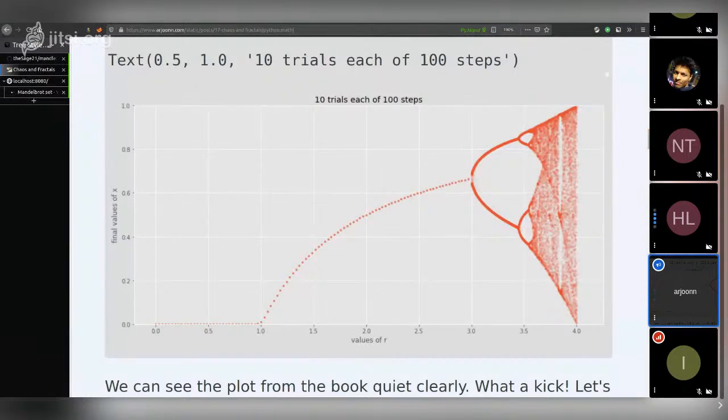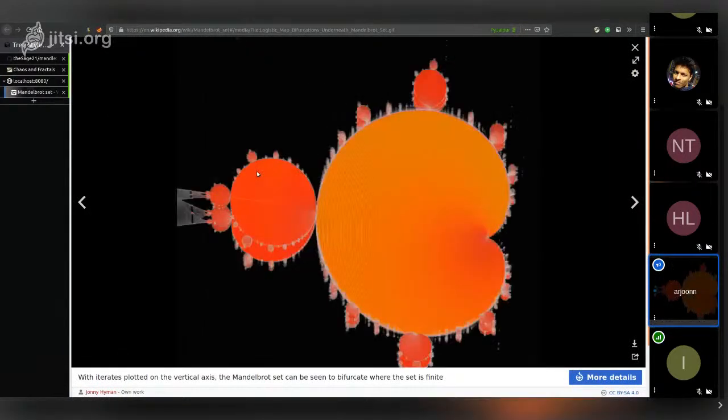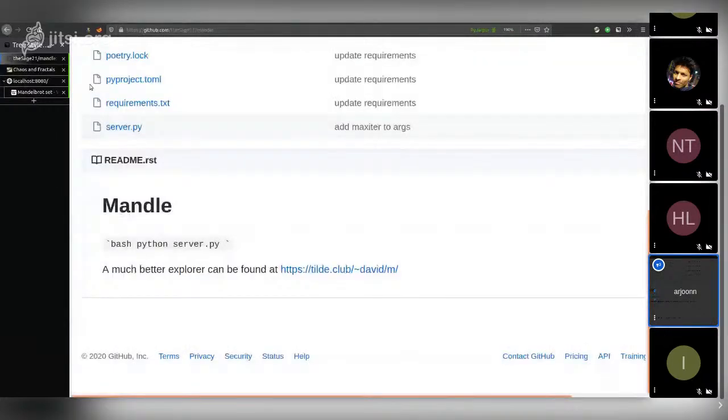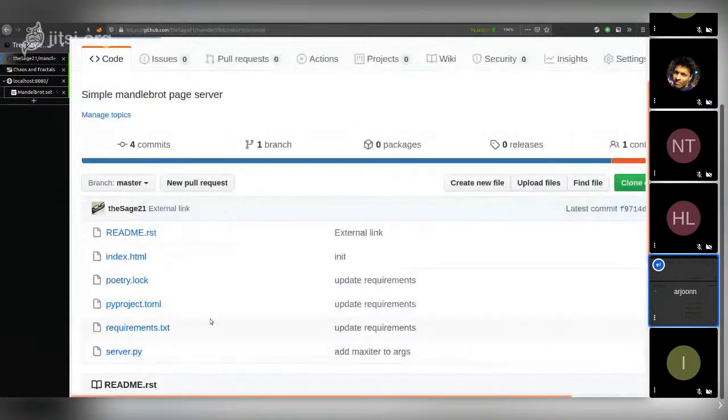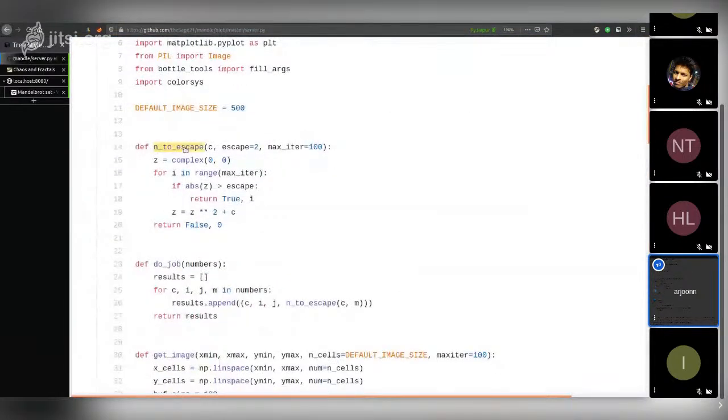Sorry to interrupt, but what do you mean by plotting the third axis? Like we need one more variable now for plotting in another axis. Yes, we do. Good point. I was just going to say that. You remember that equation which said whether it is in the set or not, right?